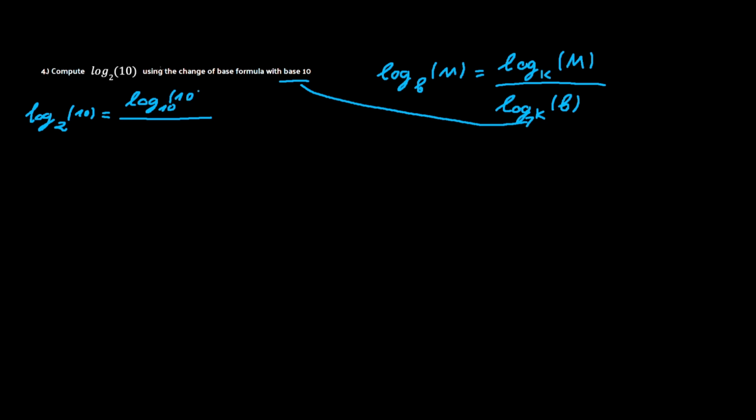You don't need to write the brackets, but it's a good idea to keep them. Log, the base is the same, it's again 10, but in this case it is 2 in the bracket. So this is log base 10 of 10, and 10 is to the power of 1, therefore this is equal to 1.